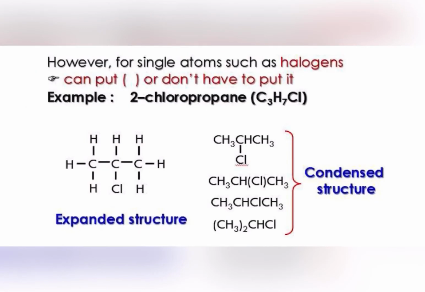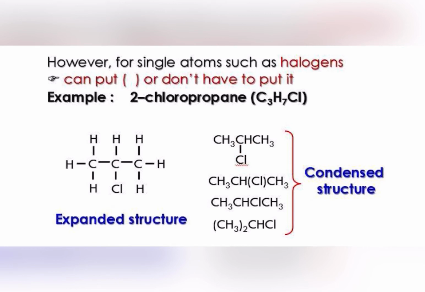The last example of condensed structure, for single atoms such as halogens, you can put bracket or not. So this is one of the examples for a functional group with a single atom. As you see here, you can put the bracket just like the second form, and you can also write it as bonded to the carbon.